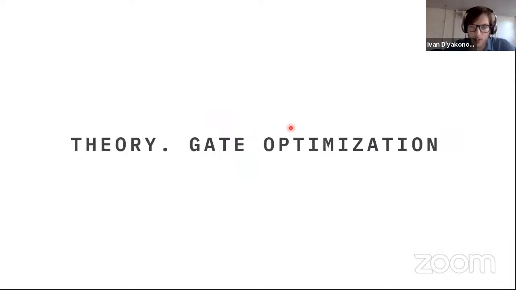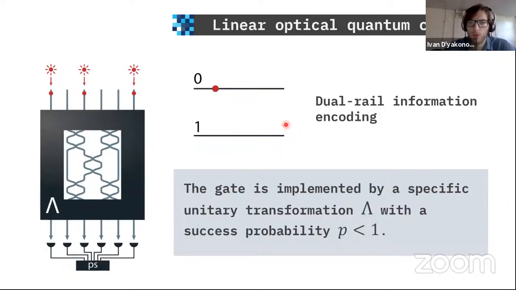Okay, so the last part is the gate optimization. Here the goal is to find the unitary of the interferometer, which is called lambda here, which gives the desired transformation in the dual rail encoding.